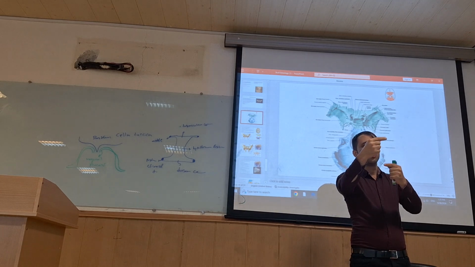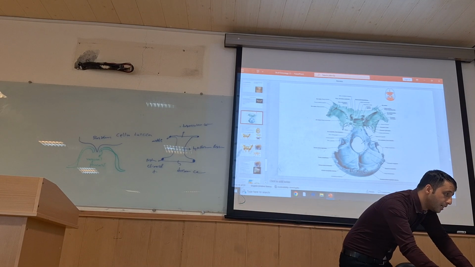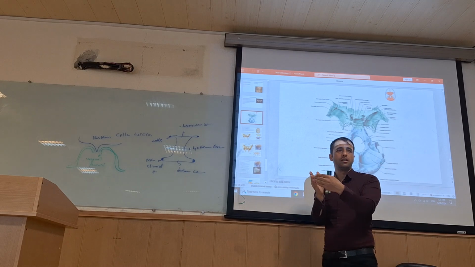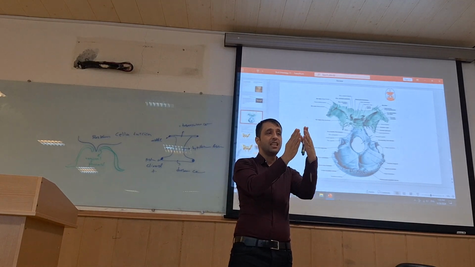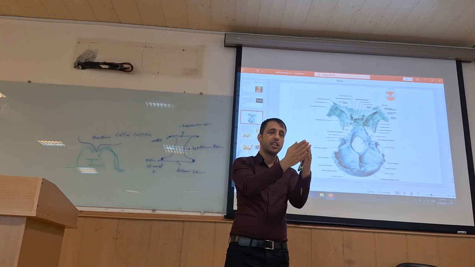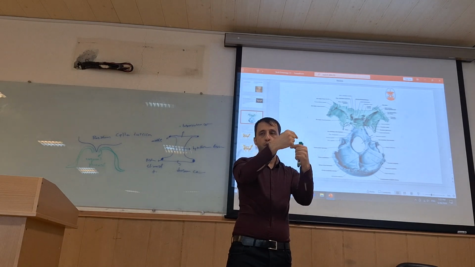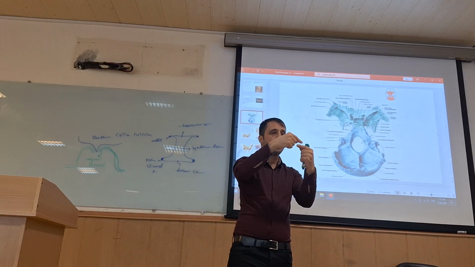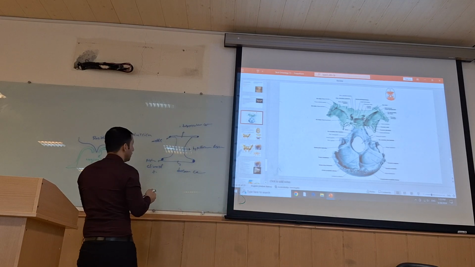Between the anterior root and the posterior root of the lesser wing, look at here, posterior root, anterior root, we have a canal which is named the optic canal. So I say that the optic canal is located in the medial side of the lesser wing where it attaches to the body. The medial side of the lesser wing has 2 roots, anterior and posterior.